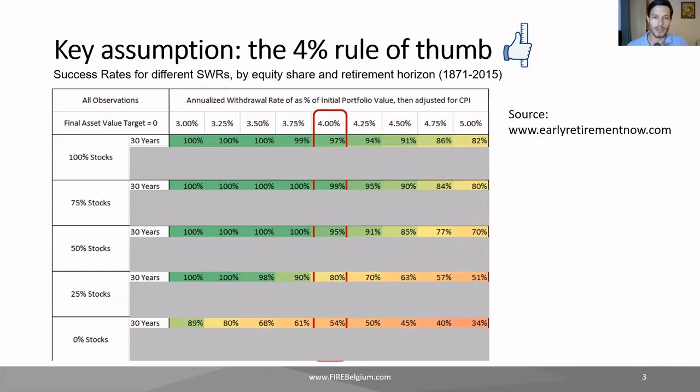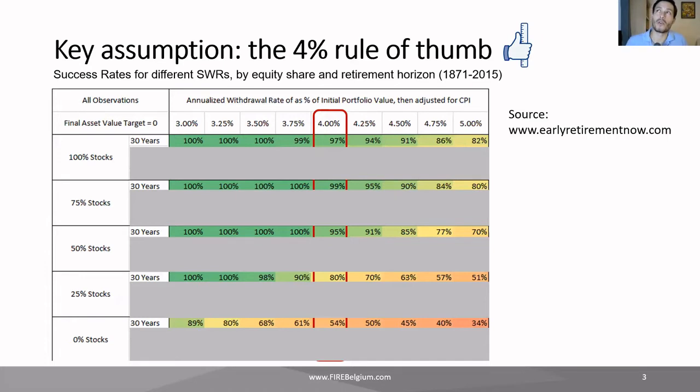And if you have only bonds, then that's even lower, right? And then we can see that for, say, 3% as a safe withdrawal rate for 30 years, it's 100% success everywhere, apart from when your asset allocation is 0% stocks. And then if you go to 5%, you still have some decent chances of survival, but they're all around 80% or less. So that's not very good.